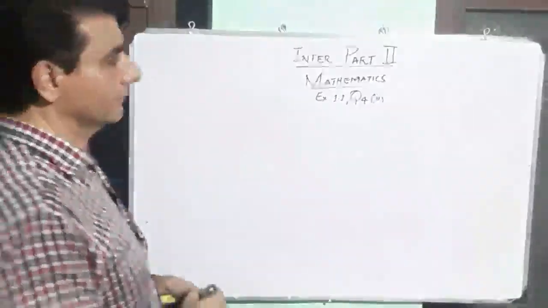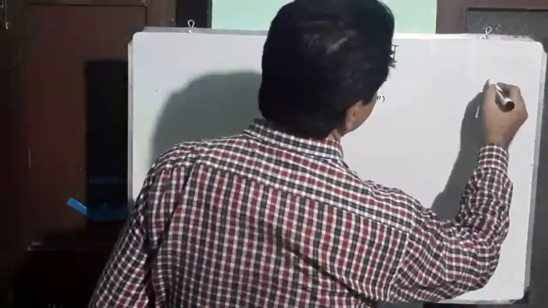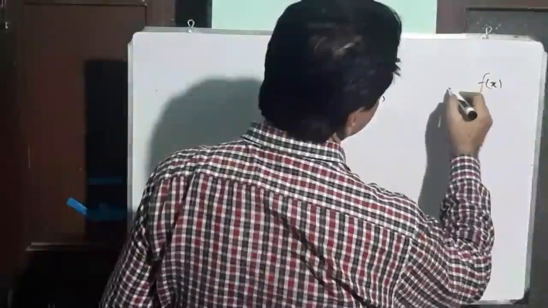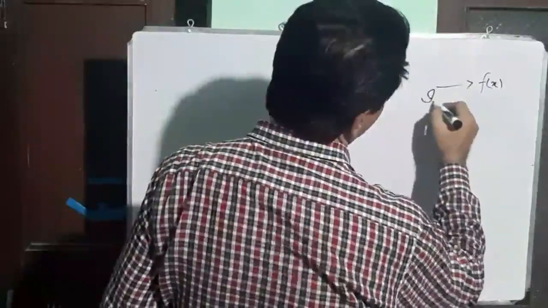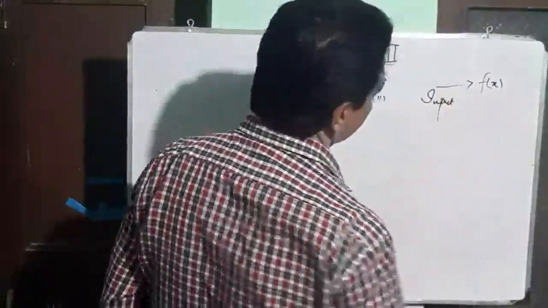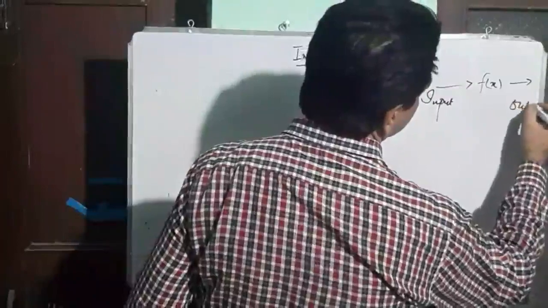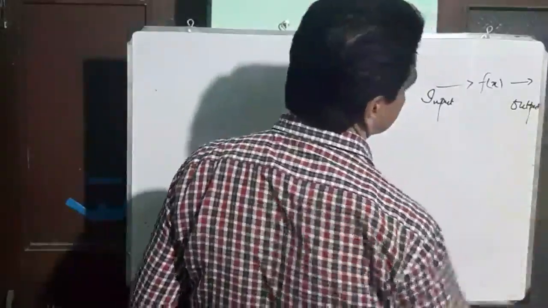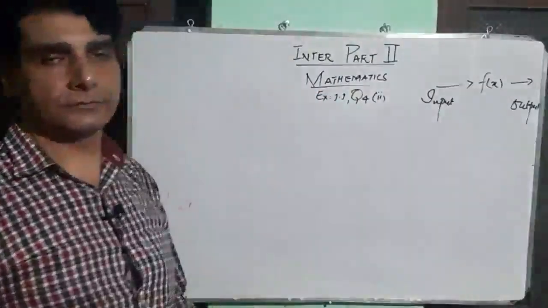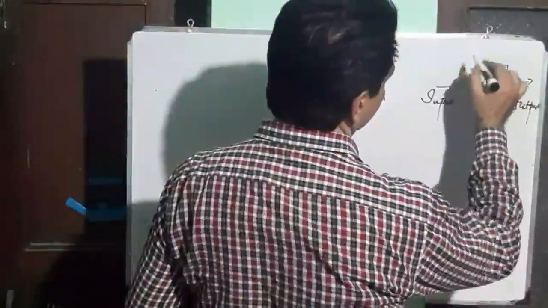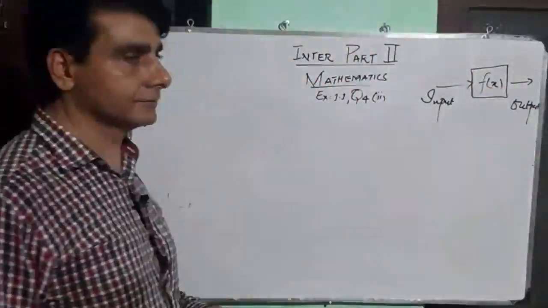We have a function f of x. We give some input to this function, it will generate output. This function is like a machine.